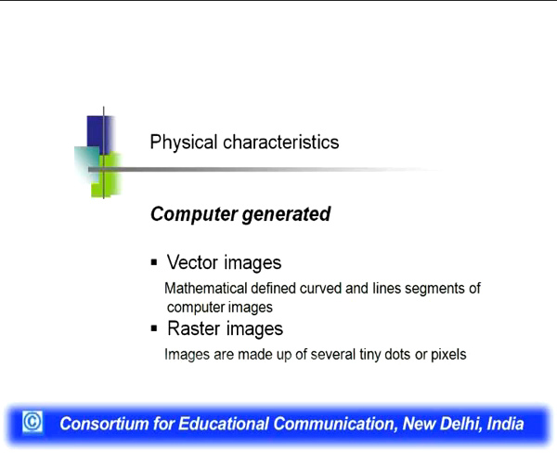The images which are formed by solid colors, in the computer, are line images. What is a vector image? A vector image is made of curved and line segments of computer images. They are resolution independent. What does it mean? When the images are enlarged, their sharpness is retained as it is.